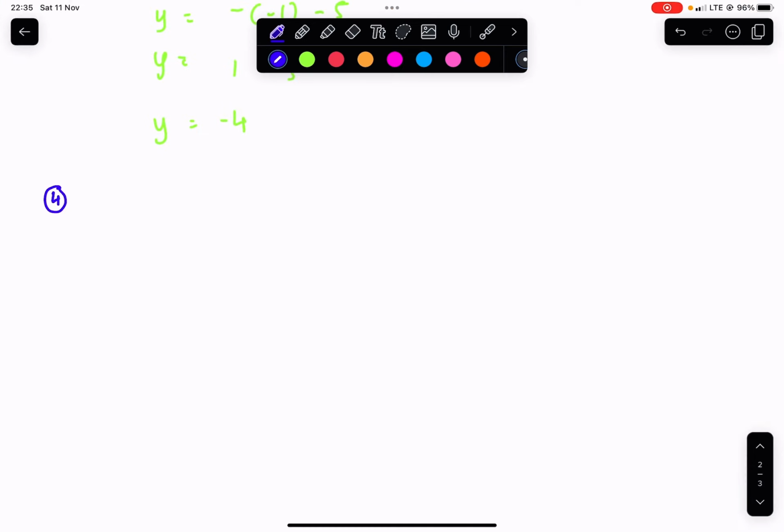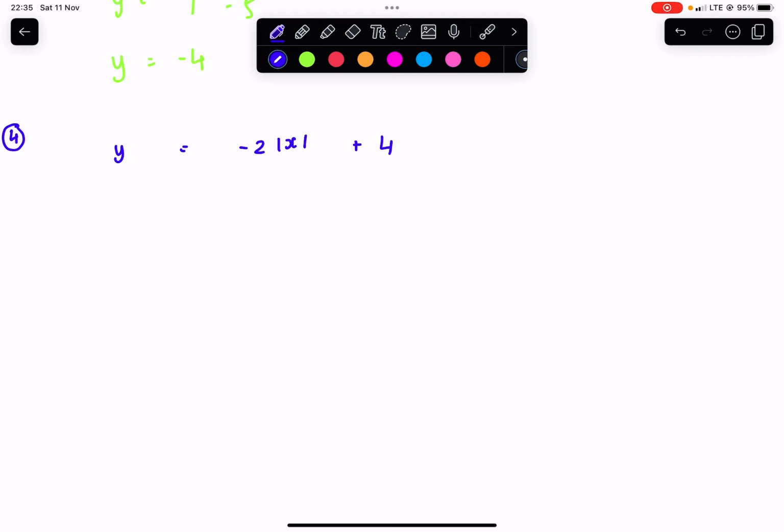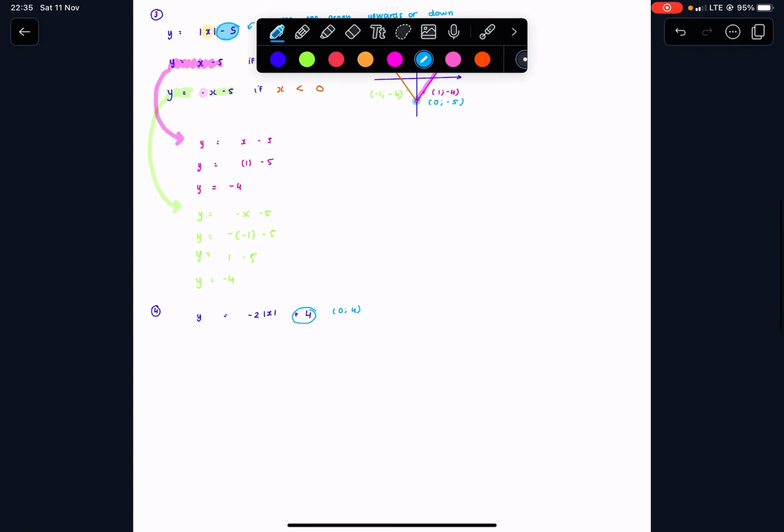Okay, so now we have an example which is y is equal to negative 2 times the absolute value of x plus 4. Just by looking at this equation, we know that our salient point is going to be 0, 4, because we already explained that's what the Q value does. That's great, that's very good.